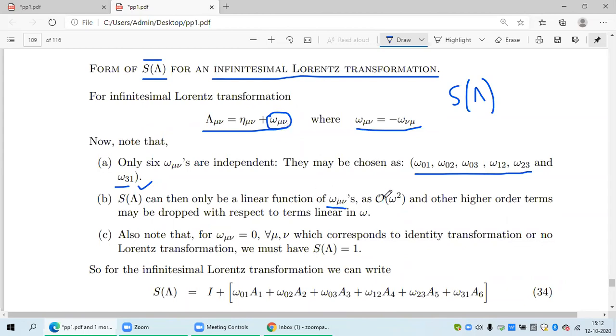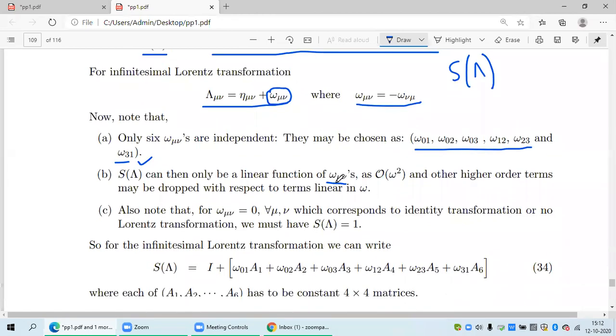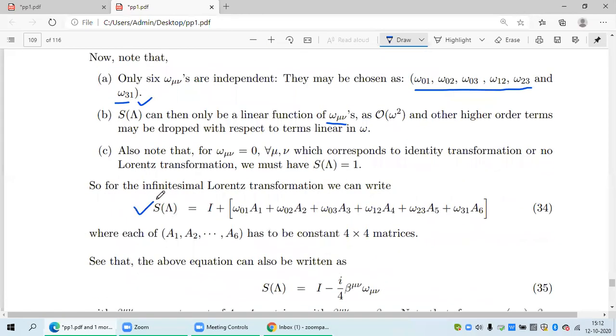Therefore I can straightforwardly write S as 1 plus a linear combination of all these omegas, without any square term or cubic term. There is also no omega 01 into omega 02 term because it is linear.